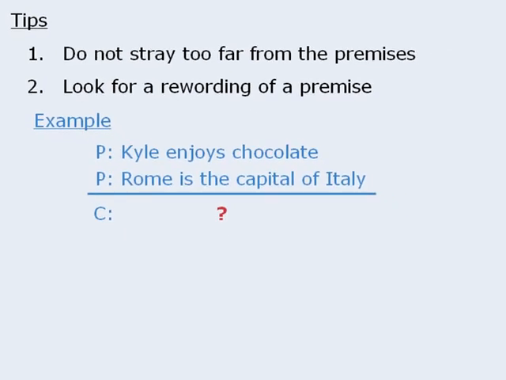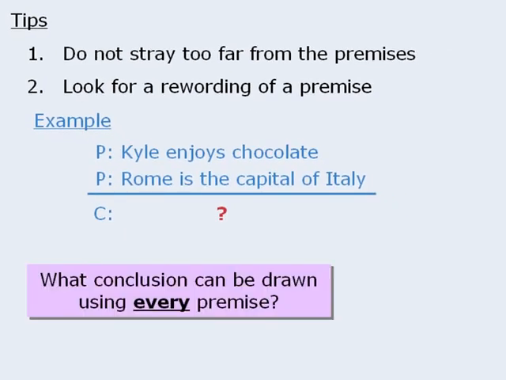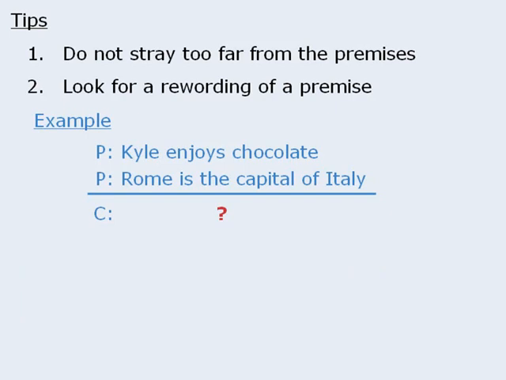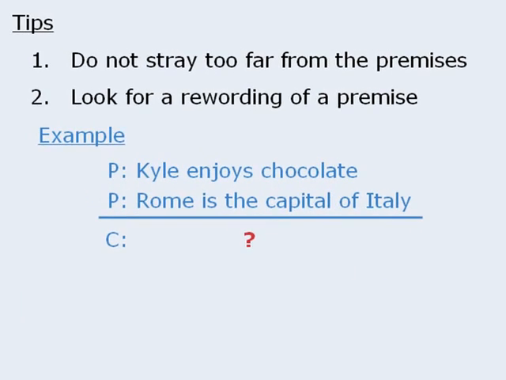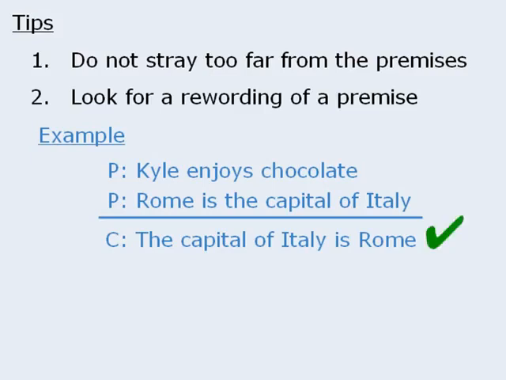Keep in mind that a conclusion question will never ask you what conclusion can be drawn using every premise. So you're under no obligation to use every premise. So, for example, a perfectly valid conclusion here would be something like, the capital of Italy is Rome. From the premises, this conclusion must be true. While it's not exactly an interesting conclusion, it would be a valid answer.